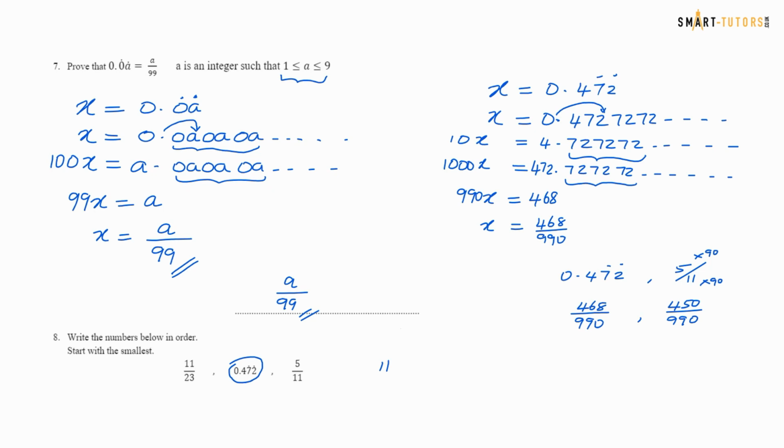The easiest way to do it is to convert the fraction to a decimal. So 11 divided by 23, so 0, 110, and how many times 23 goes into 110 is 4 times. 4 times 3 is 12, 4 times 2 is 8 plus 1, 9.